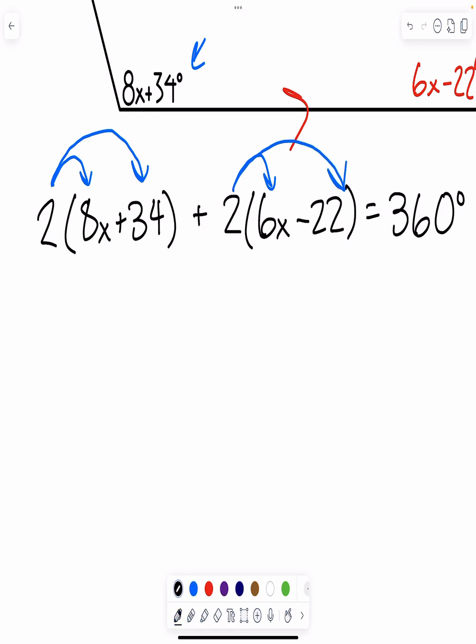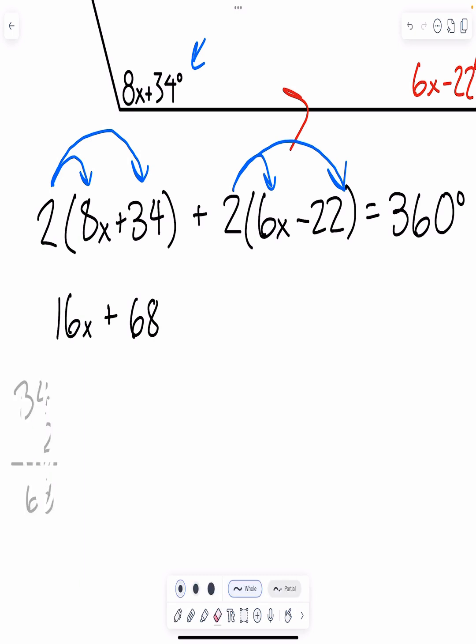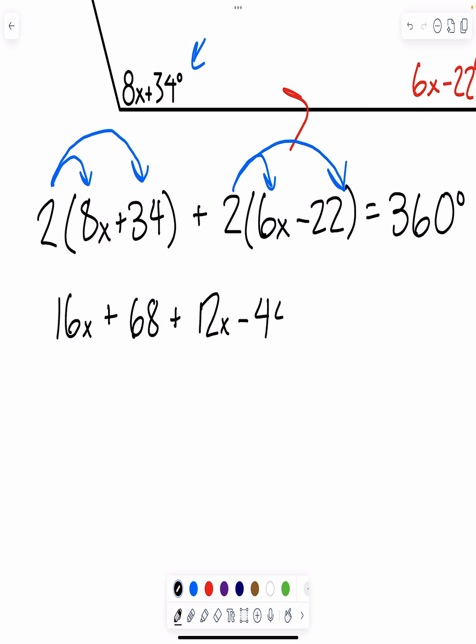So 2 times 8 is 16x, plus 34 times 2, that is in fact 68, plus 2 times 6 is 12x, minus 44, equals 360 degrees.